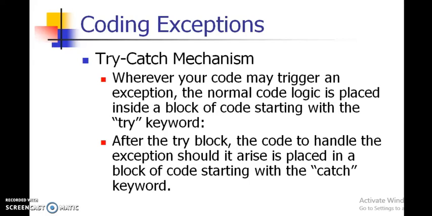So we are supposed to write the try and the catch block. When writing a try and a catch block, we can write a single try block and multiple catch blocks. There are two types of catch blocks, the generalized catch block and the specialized catch block.